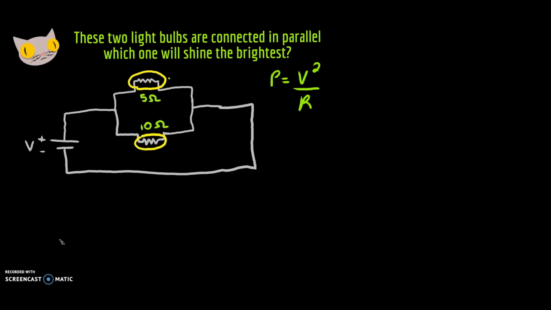Now we see that the two bulbs are connected in a parallel configuration. So now which of the two will shine the brightest? Now because they're in parallel, they're going to have the same voltage. So we'll use our second derived equation, which has to do with voltage. Power is equal to V squared over R. So let's fill in our values.